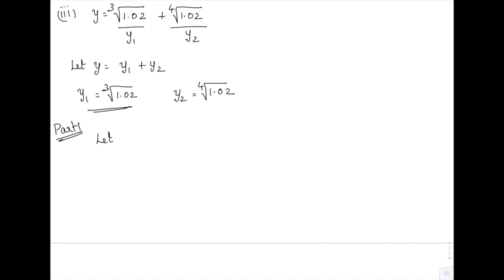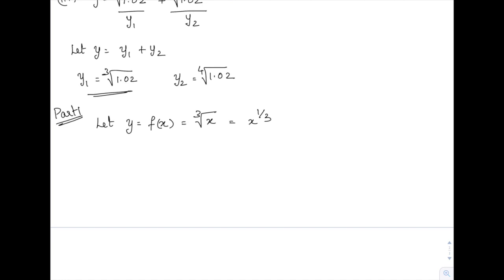So let y is equal to f of x is equal to cubic root of x, which we can write as x to the power of 1 by 3.